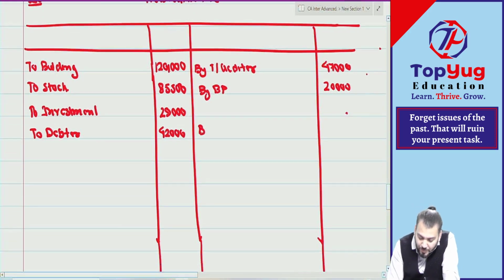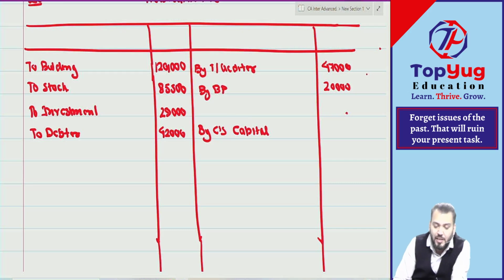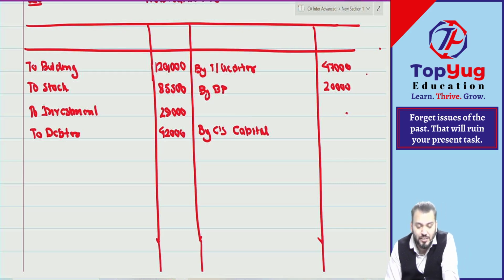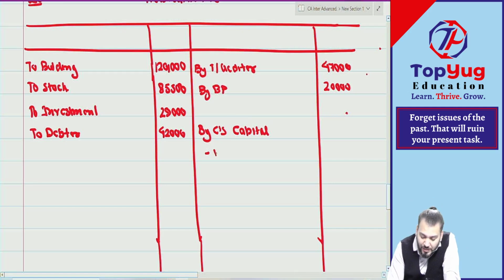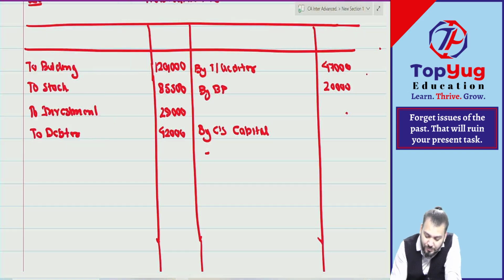So, tell me. First, can you give me C's capital account? C has taken two, I think two misappropriations they have done. So one is the cheque point. You can add on cheque misappropriated, or you can add on debtor also.